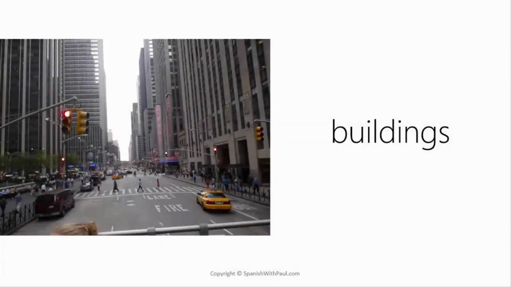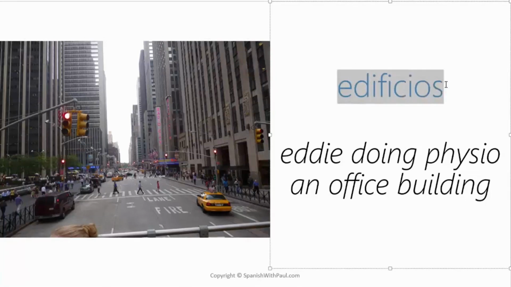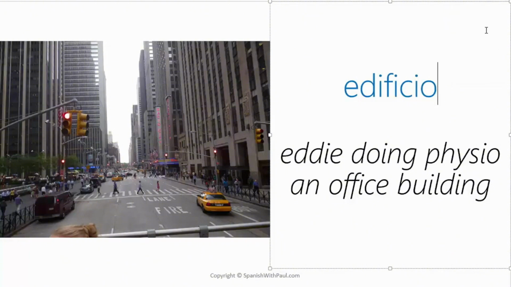If there's one thing New York has a lot of, it's buildings. And the word for that is edificios. Here we have it in plural. So we have edificios, ending in the S. If we just wanted to say building, then it would be like that, edificio. But buildings, we just add the S for the plural, edificios. To help you remember this word, what you can imagine or visualize is Eddie doing physio, like physiotherapy, in an office building.